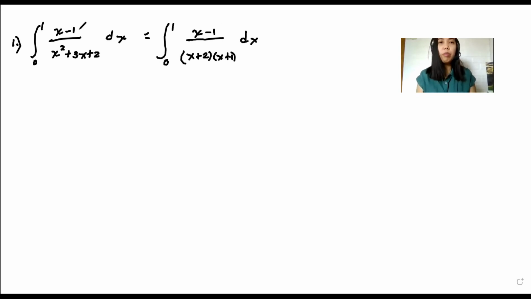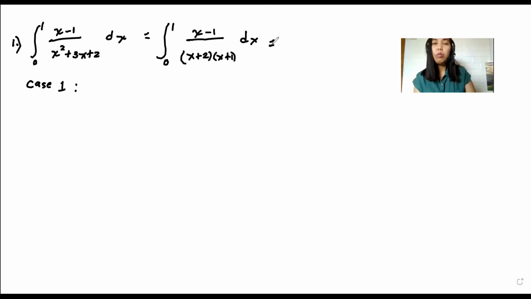As you've noticed, when we simplify the given, our numerator is linear, and the factors of the denominator are distinct, or not related. Therefore, for number one, we're going to use case one, since it's linear and the factors of the denominator are distinct.